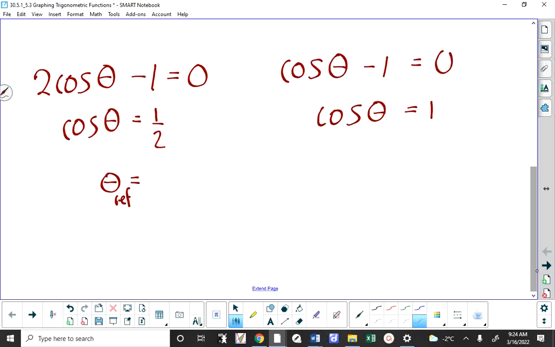So when you get 60 degrees, then you say, oh, that's pi over 3. And you could find a reference angle here. When you get the reference angle here by going inverse cos of 1, you will get 0.